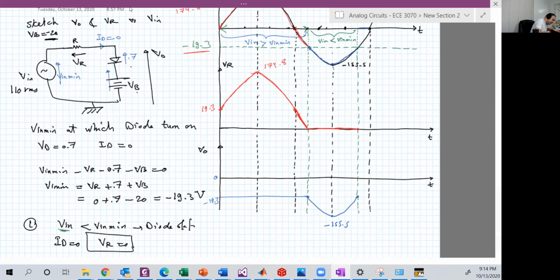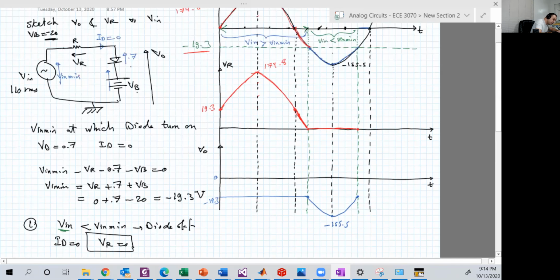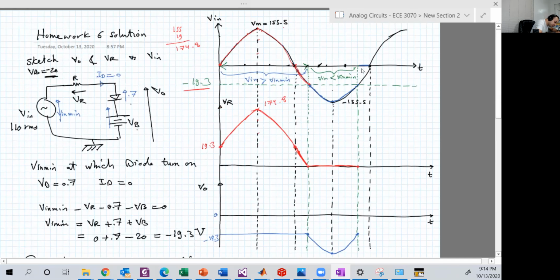So let's do it with another color. So we have 3 regions. This region here is similar to this one. All these values are greater than the input minimum.